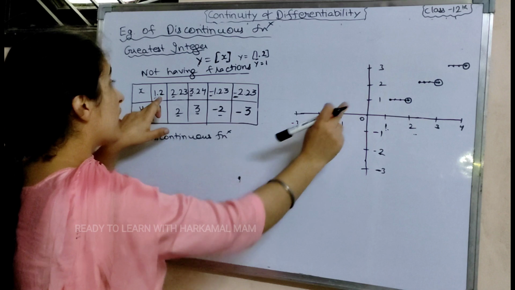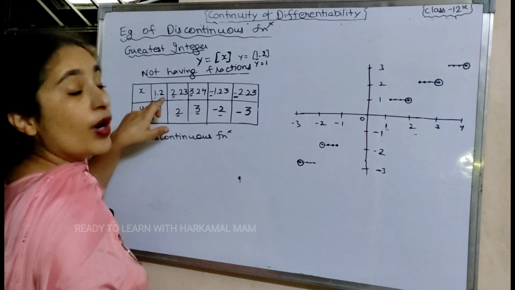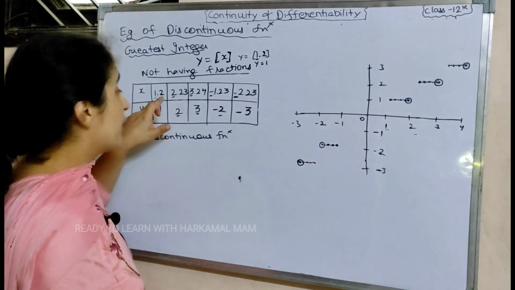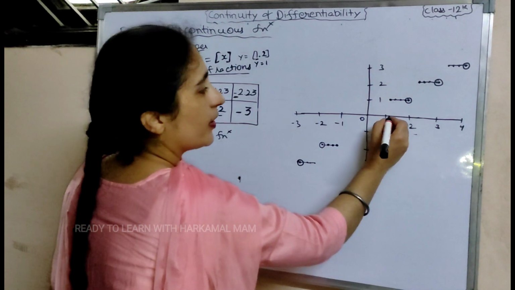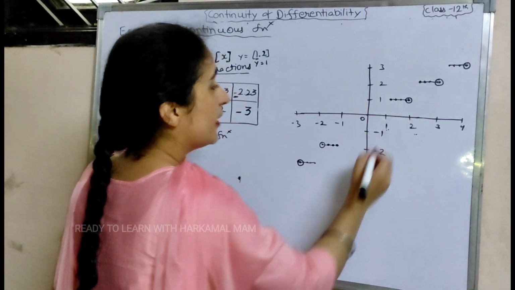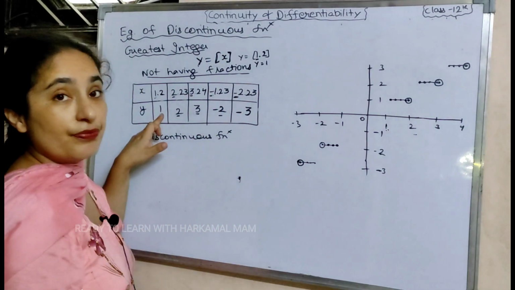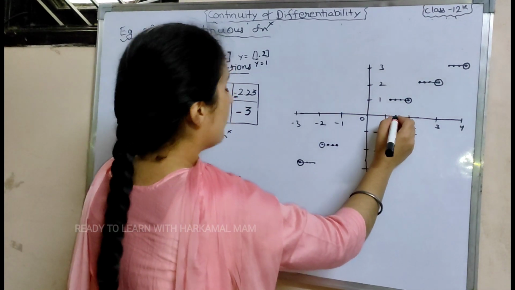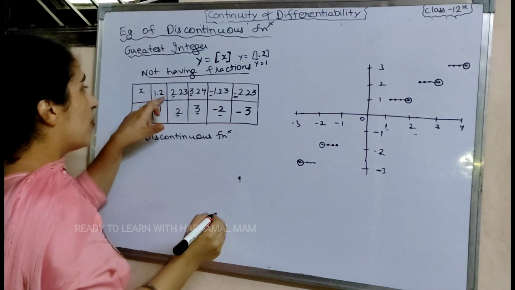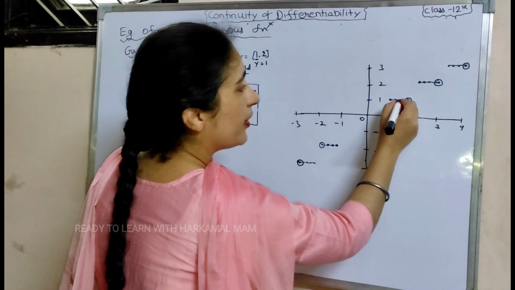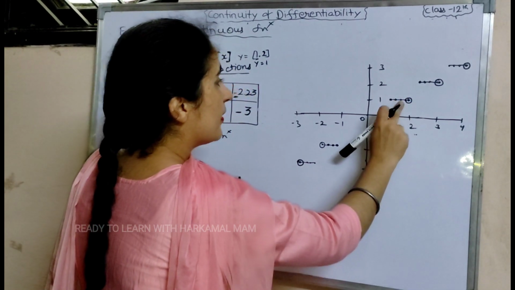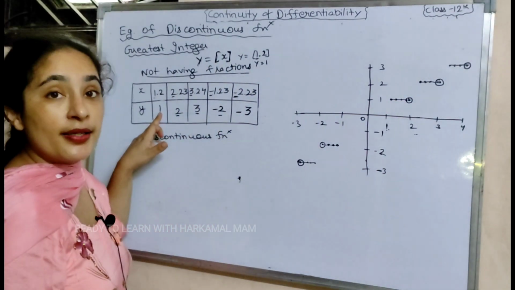If we take here 1.2, 1.3, let's check 1.3, the value of y remains 1. When we take x is equal to 1.4, at 1.4 we get y is equal to 1.